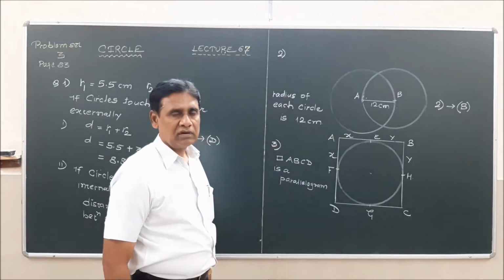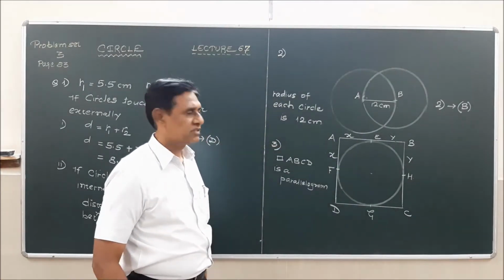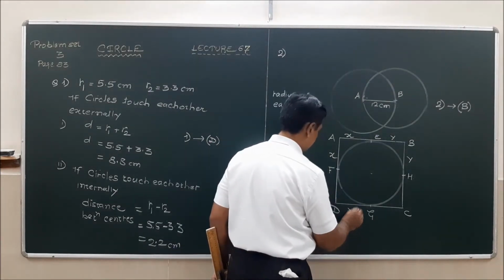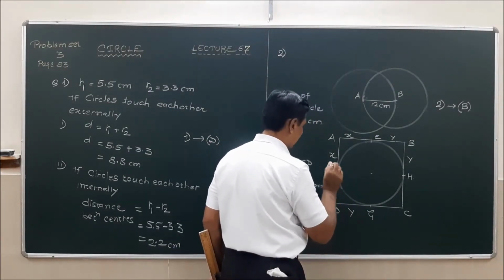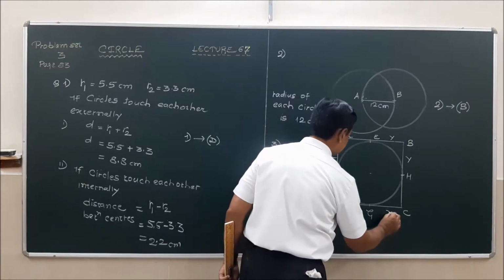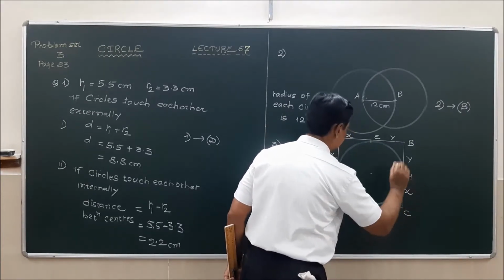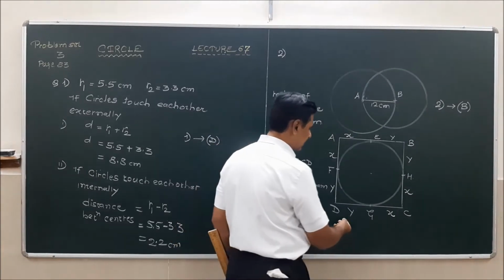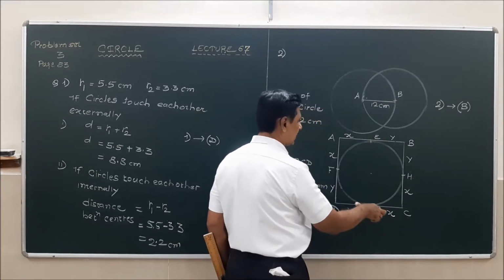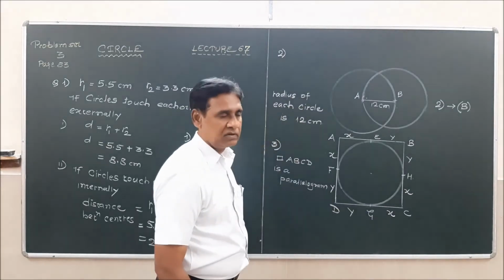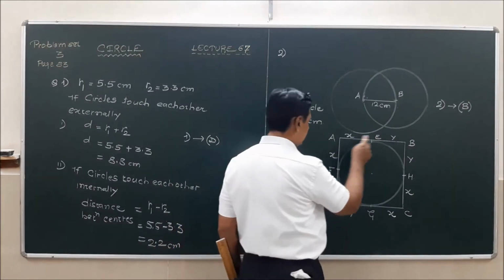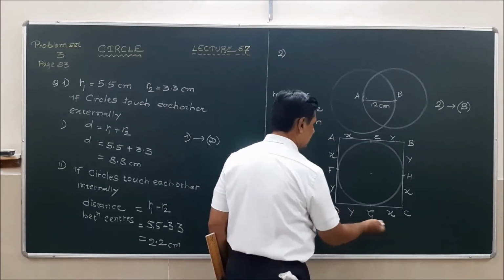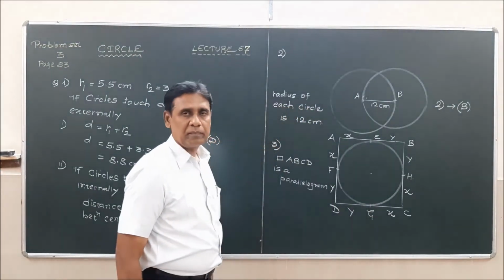The reason is the same, tangents drawn from the same exterior point. But why do I have to take this as x and y? Because opposite sides of a parallelogram are congruent. If AB is x plus y, then naturally DC must be x plus y.